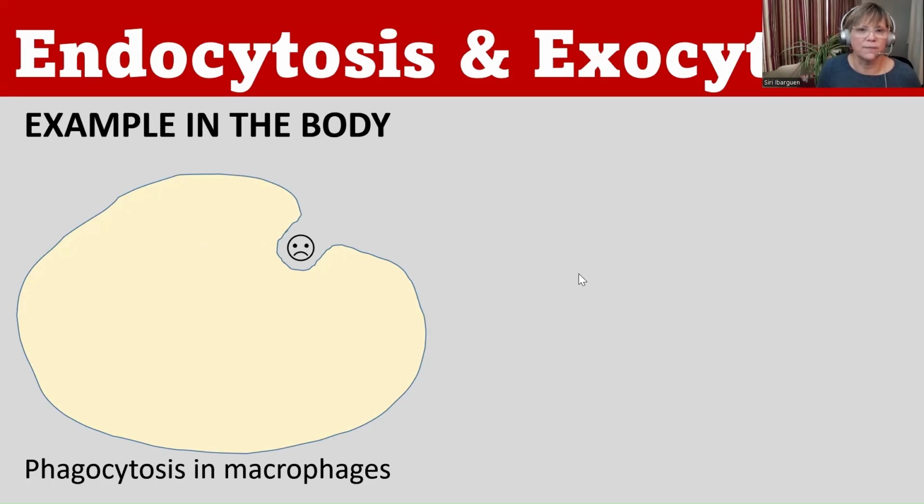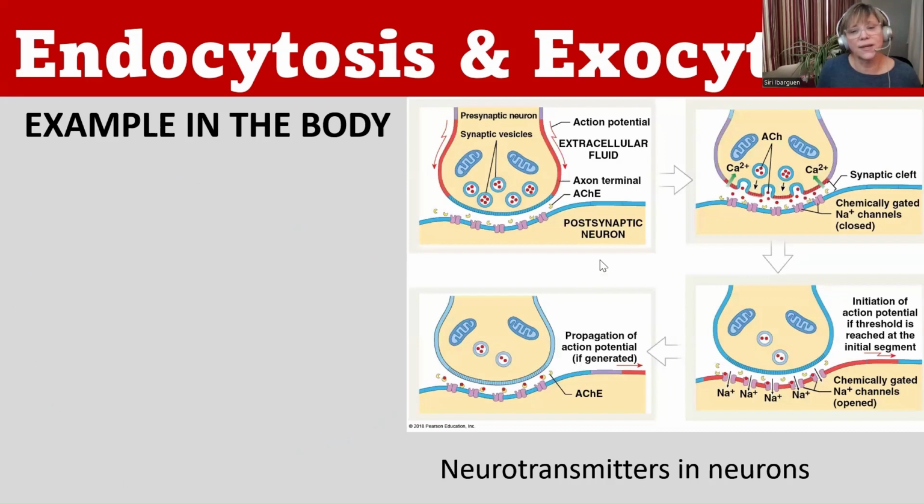For exocytosis, an example would be neurons sending a signal from one neuron to the next. They need to send a chemical signal from this neuron here to the receiving neuron, the postsynaptic neuron.